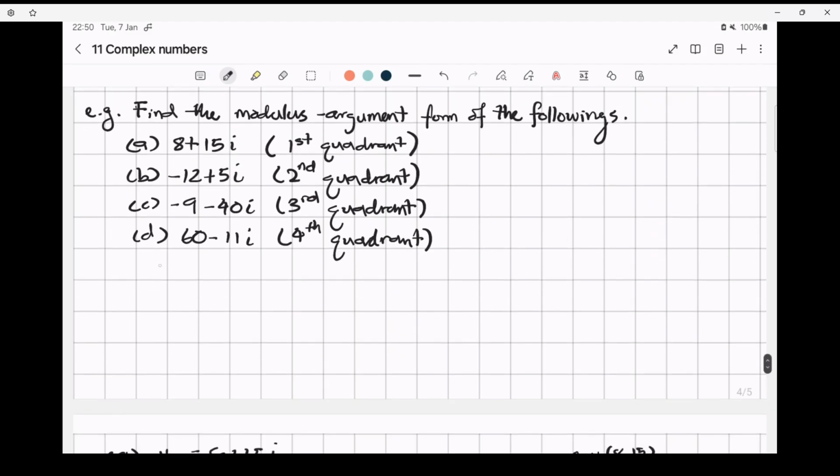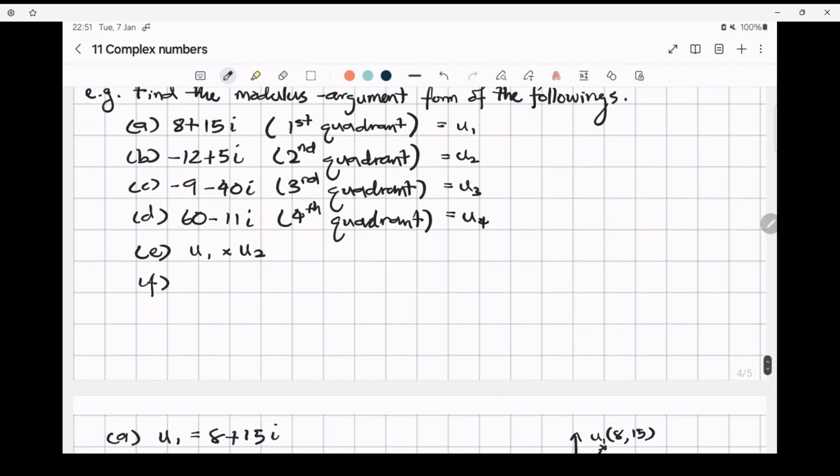So now let's consider something more interesting. Let's say I add in 2 more questions. I already defined this as U1, this is U2, this is U3, this is U4. So let's do a multiplication of U1 with U2, and then one division, U3 divided by U4.